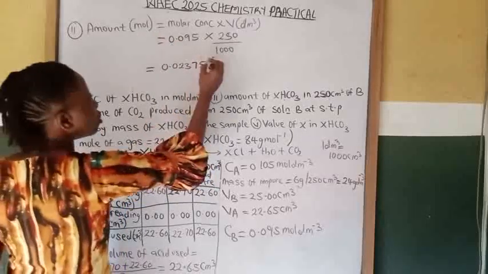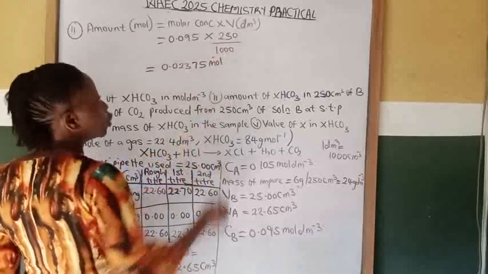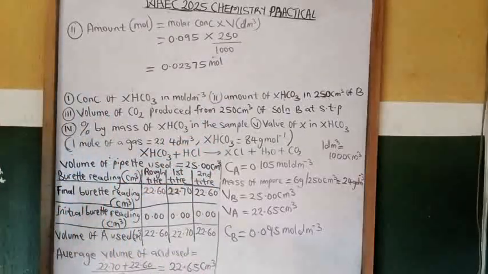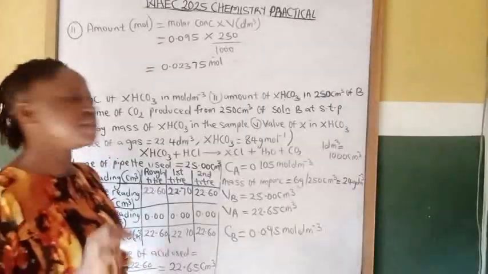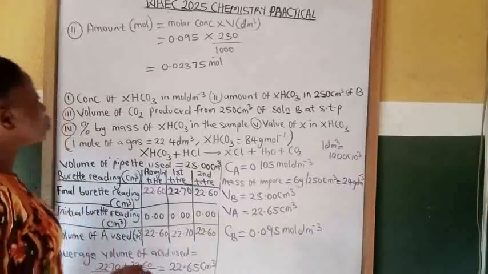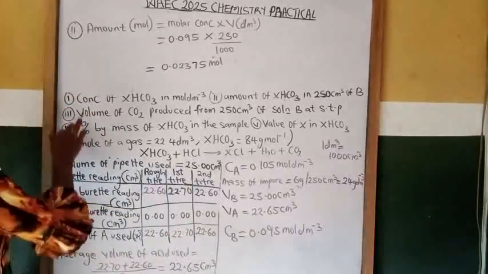What is the unit? Mole. Your unit is very important. So that is the amount, or the number of moles. Amount is the same thing as the number of moles. So let's move to the next question.